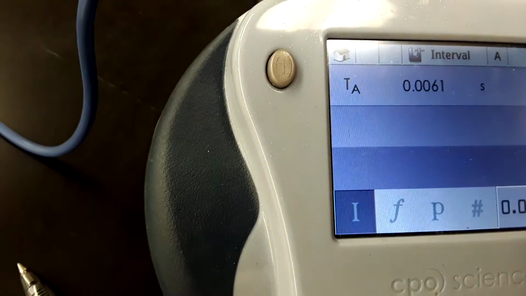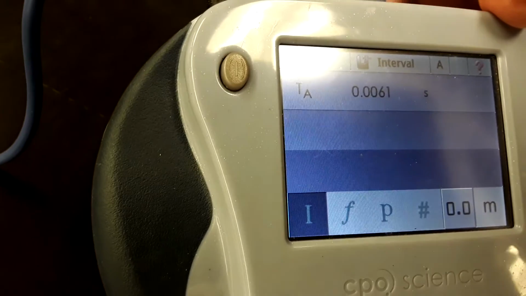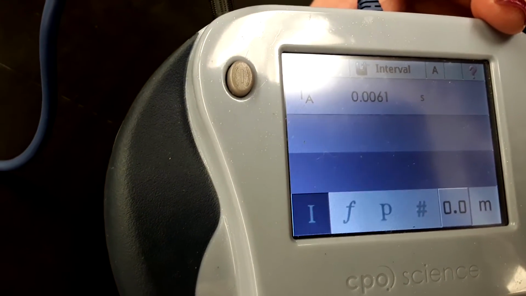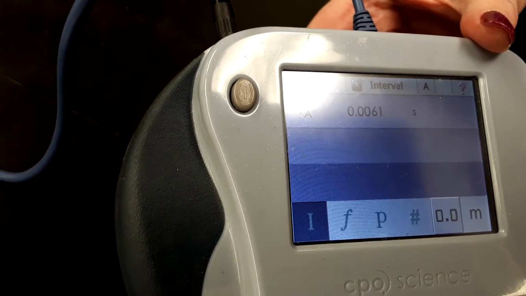Look at what you've been writing down. How many decimal places? See, it's different. So this time, instead of 0.001 seconds, on this one, because we were only using one photo gate and how long the beam was broken, the precision is different. It's now 0.0001 seconds, okay?